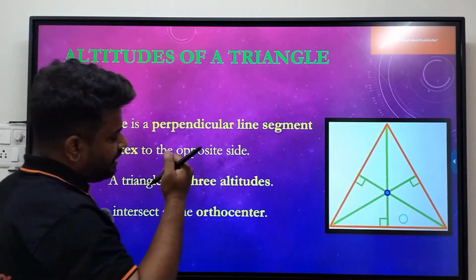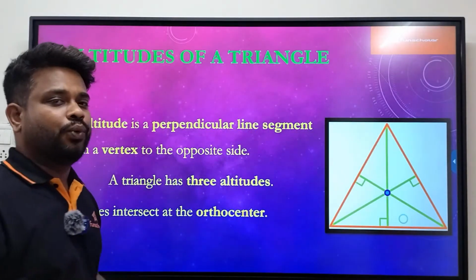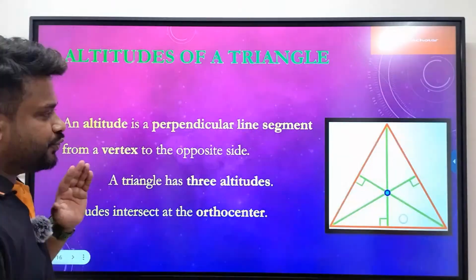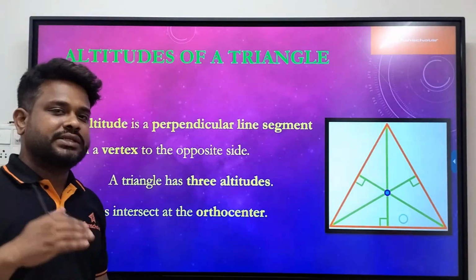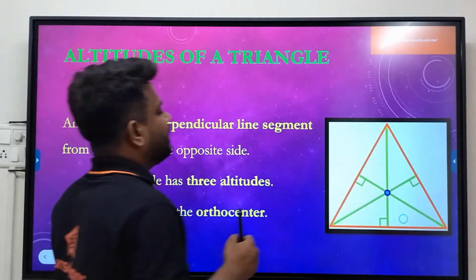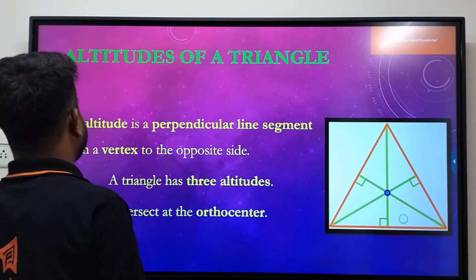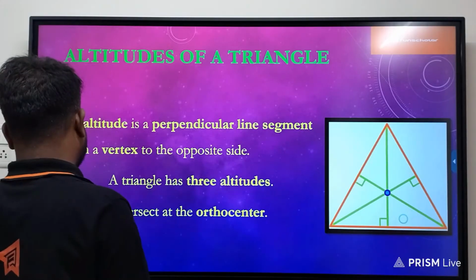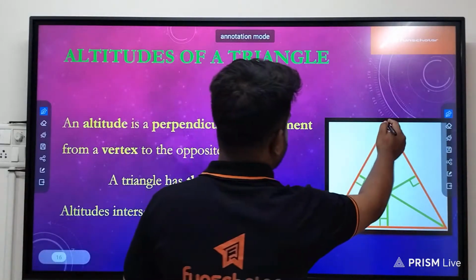And maybe you are wondering, from watching the figure, that medians and altitudes are the same thing, but actually they are not, and we will discuss why further. Altitudes are perpendicular line segments from a vertex to the opposite side. Yes, it has similarities with the medians, but it's actually not.